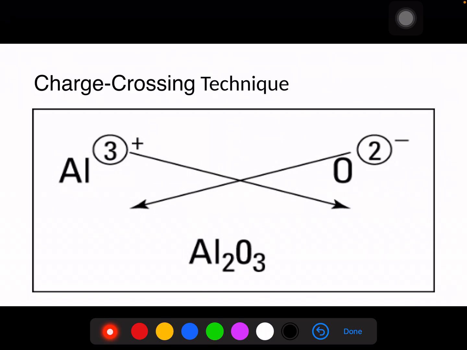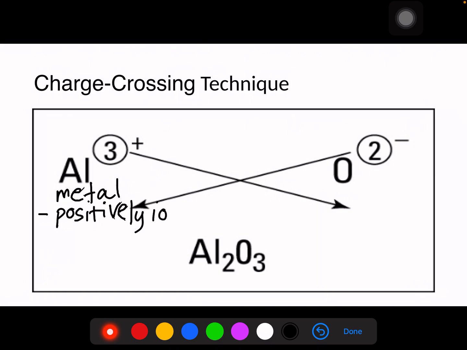Next one, we will learn how to write a chemical formula using the ions. So we have here a metal. Metal is typically a positively charged ion.